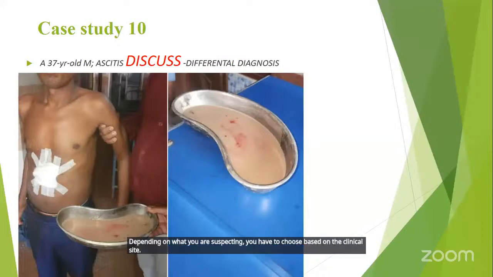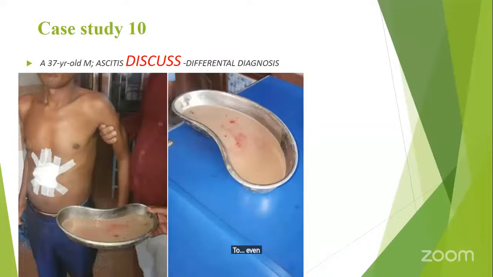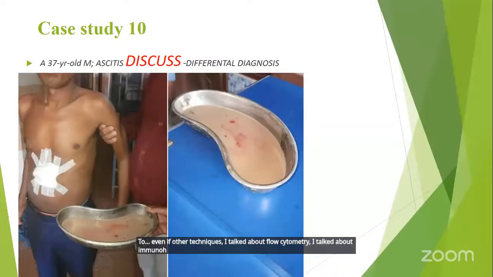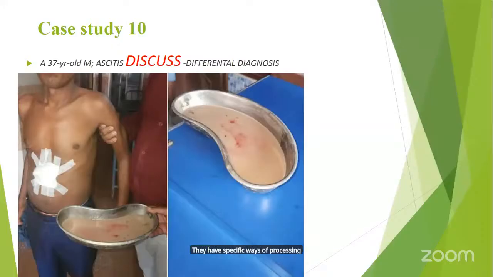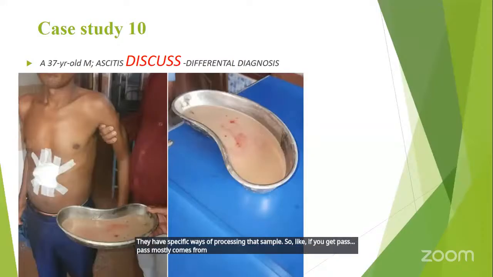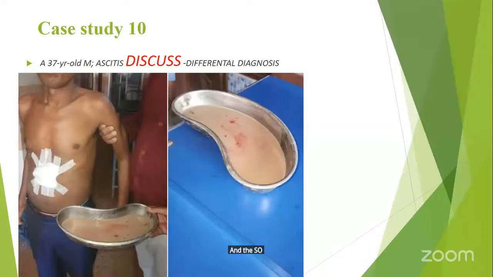Two, even for other techniques, I talked about flow cytometry, I talked about immunohistology. They have specific ways of processing that sample. So, like if you get pus, mostly it comes from tissues. Then you process according to the protocol and SOP for pus samples. Do you put it on MacConkey?